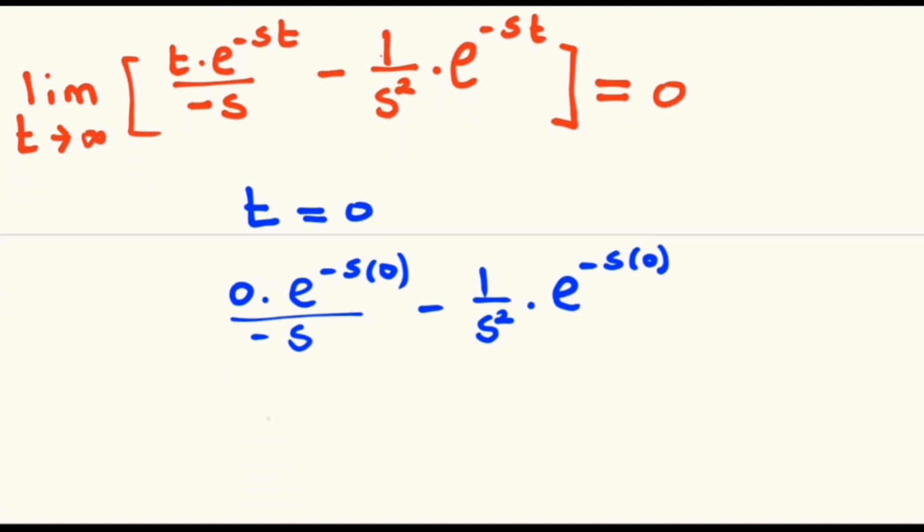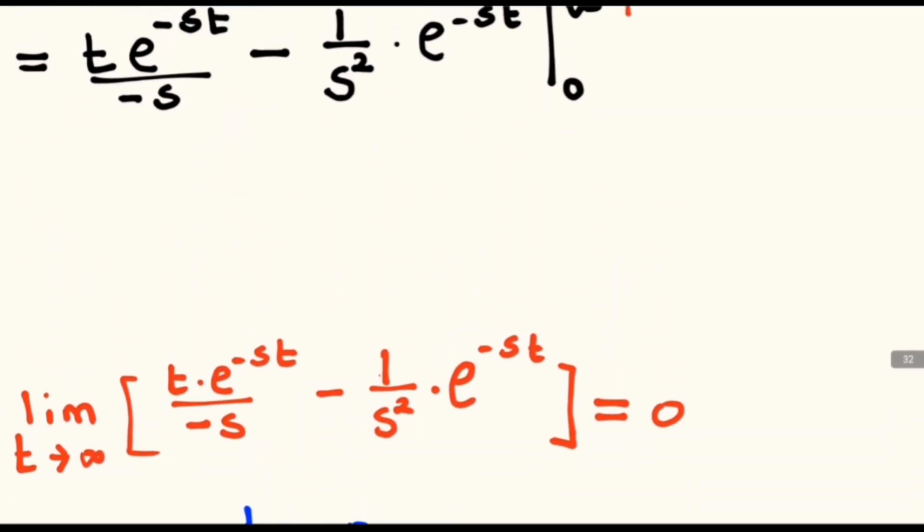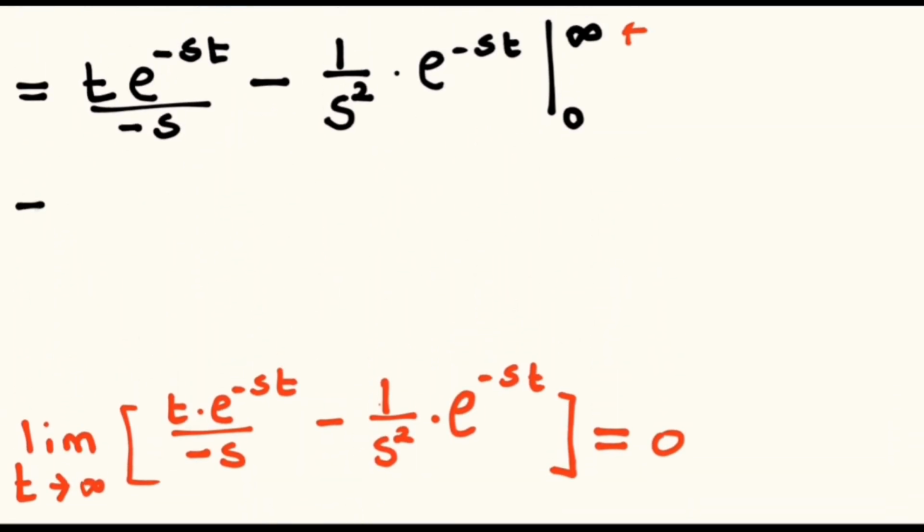And this will be equal to, on the first term, 0 multiplied by any number will be 0. We have negative s multiplied by 0 will be 0, and e raised to the power 0 will be 1. So we have 1 divided by s squared, and this will be equal to negative 1 divided by s squared.